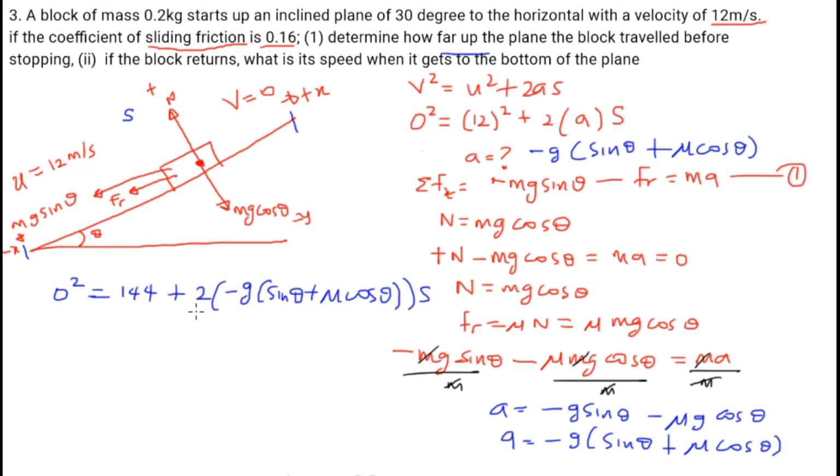So if I take this to the other side of the equation, the minus sign would have cancelled out, so that I will have 2g into sine of theta plus mu cosine of theta, then s, which is equal to 144.